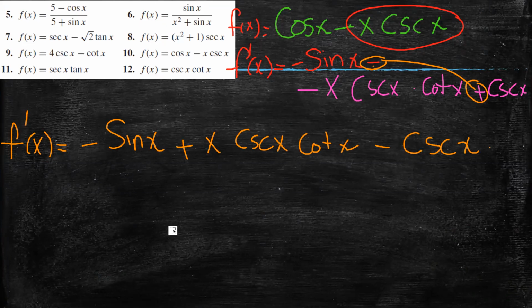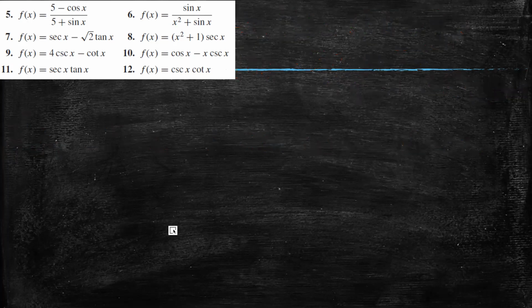Yes, teacher. Can you repeat the part about x cosecant x? We said that if we have f of x as an example equal 3x squared minus 4x cubic, what did we do?